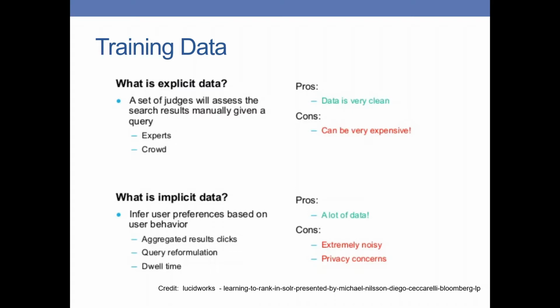There is also another way, implicit data generation, where we can use user action as a quantifier for relevance, like clicks, number of views, or maybe the duration of time a user spends on a page.